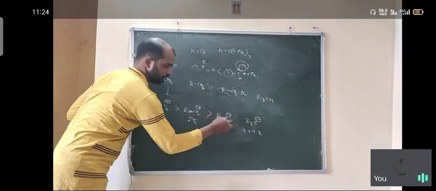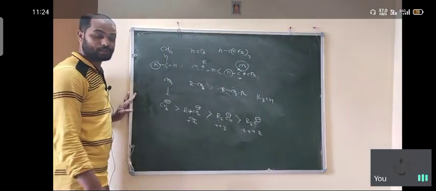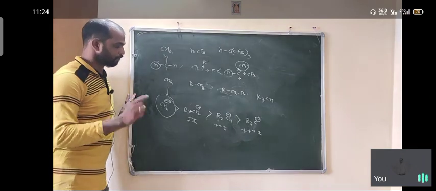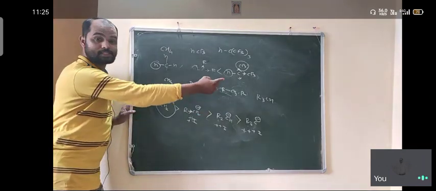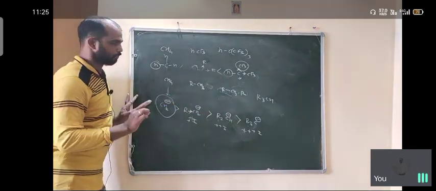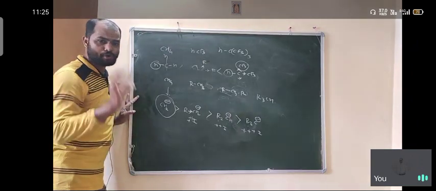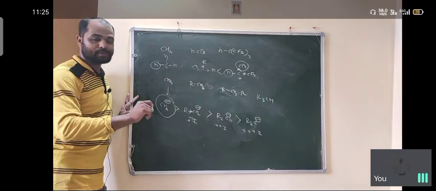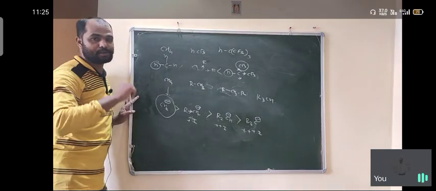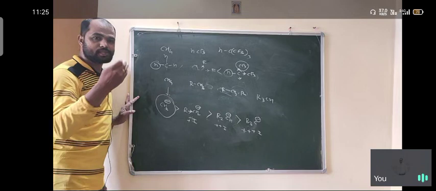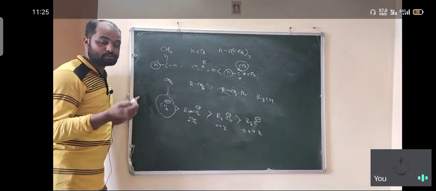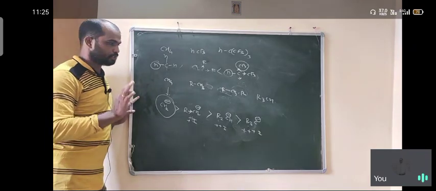So the order is like that: CH3 negative has more stability as compared to R3C negative. So it is all about the stability of carbanion. The point of discussion is that minus I effect stabilizes the carbanion and plus I effect destabilizes it. More plus I effect means more destabilization, more minus I effect means more stabilization. So this is your point.